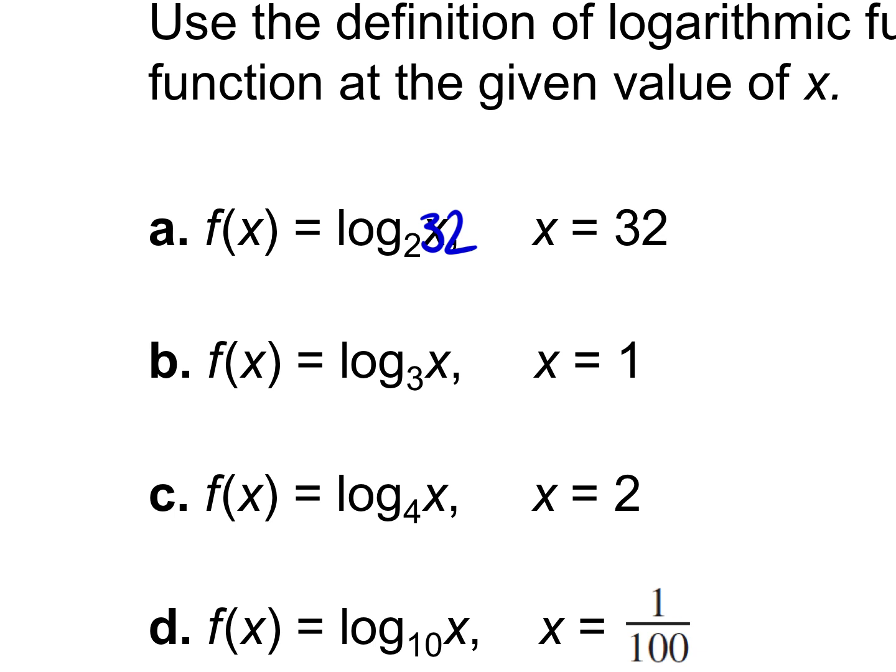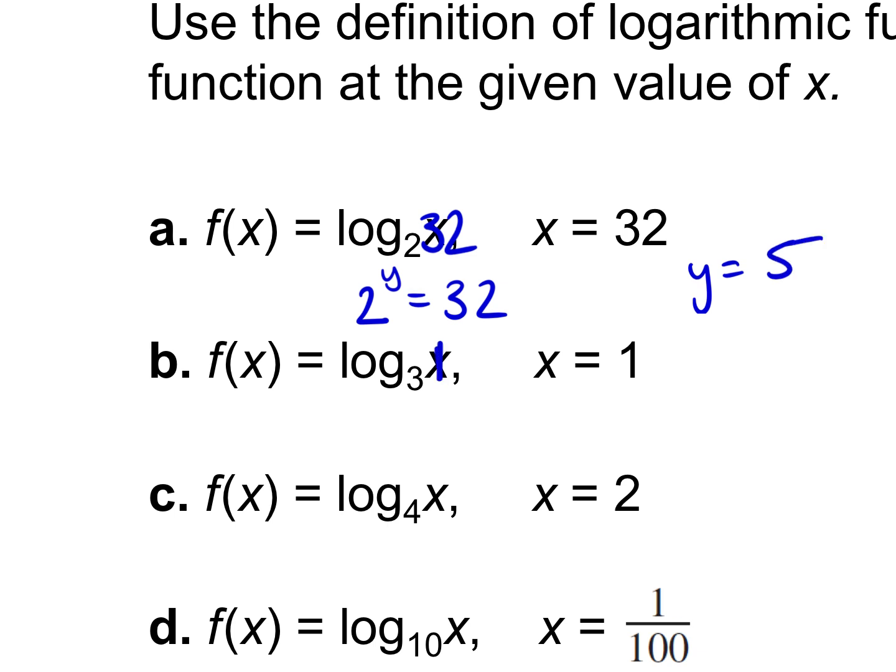I'm going to say 2 to the power of y, I'll call f of x y just to make it a little bit easier, is equal to 32. So we want to think, 2 to what power gives us 32? Five. Perfect.